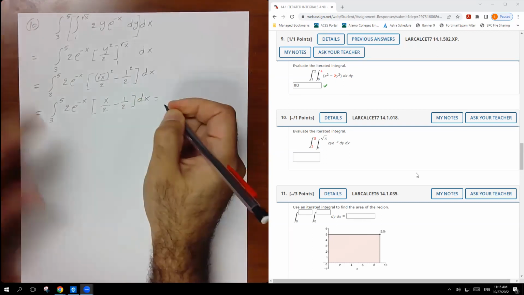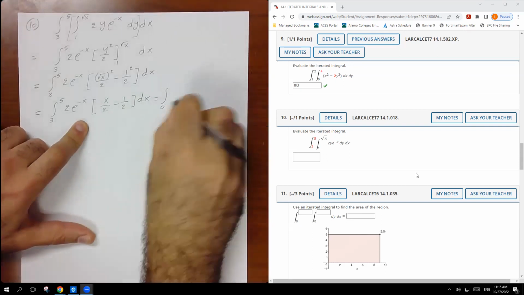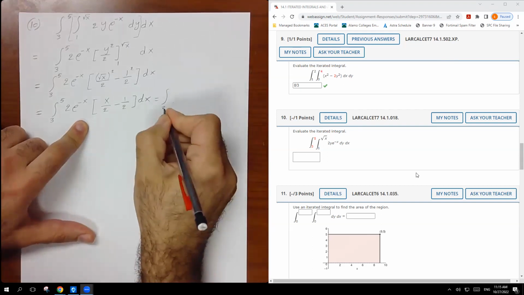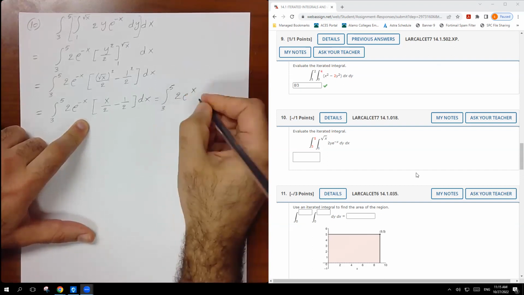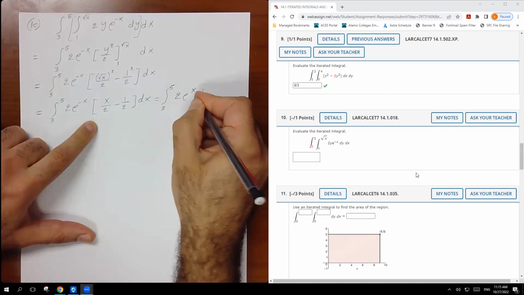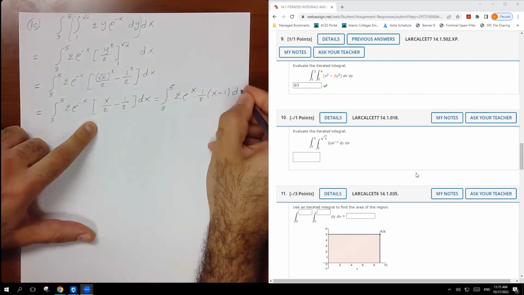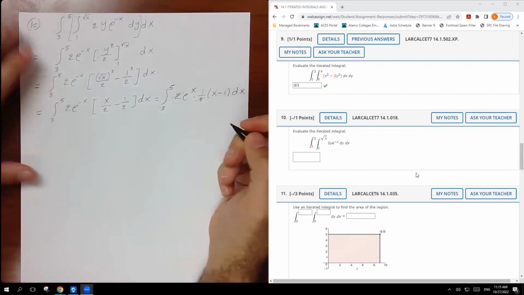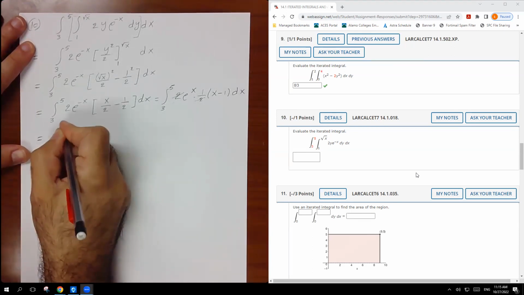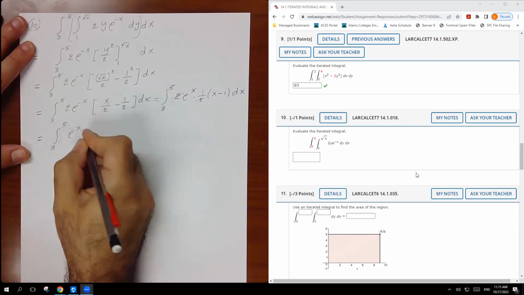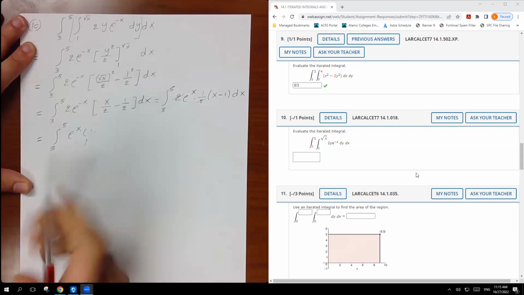We can simplify this one. I'm going to take 1 over 2 as a common factor. The left is going to be x minus 1 and everything dx. So now I can cancel this one with this one. That means the left is going to be the integral from 3 to 5 of e to the negative x times x minus 1, dx.